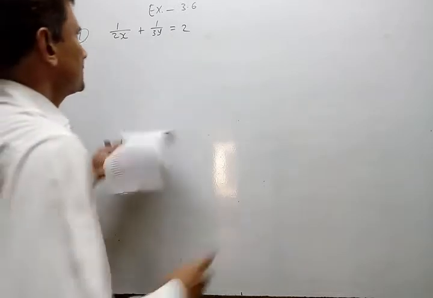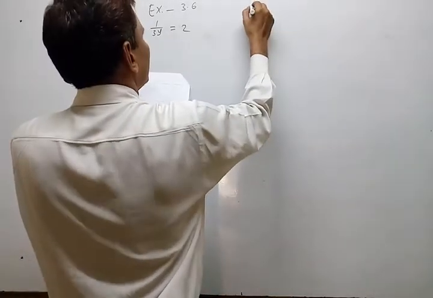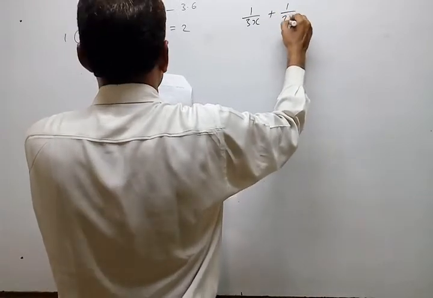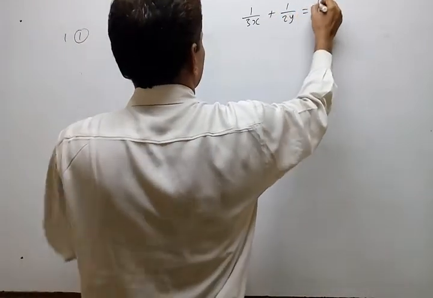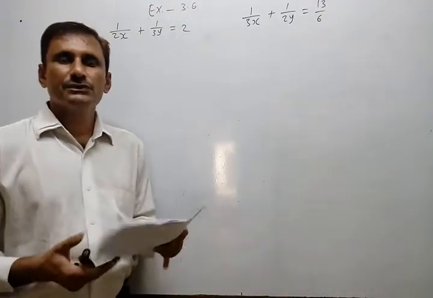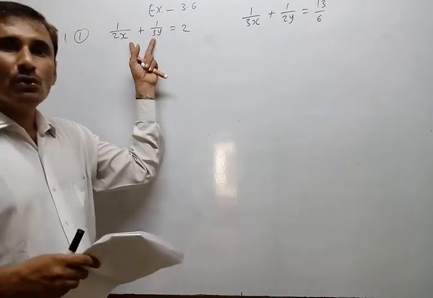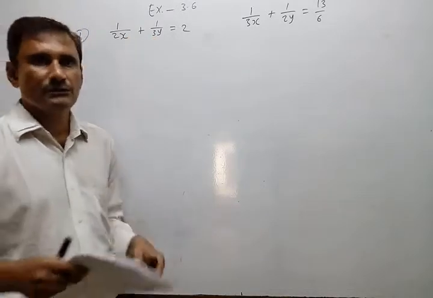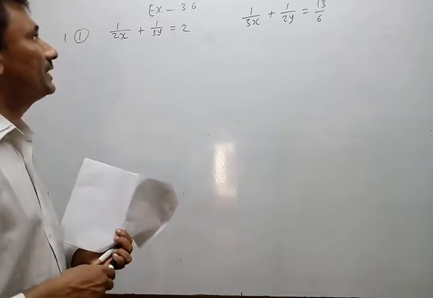Okay. Now second, 1 upon 3x plus 1 upon 2y equal to 13 by 6. Our main purpose now is to remove x and y from denominators, because x and y having degree -1, it must be 1. So we have to suppose two new variables.